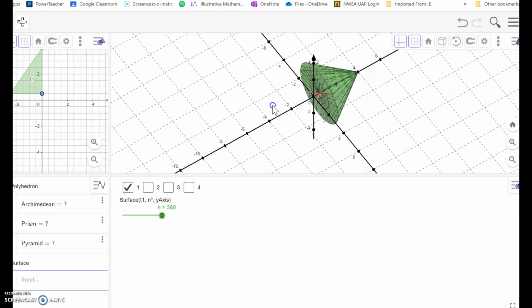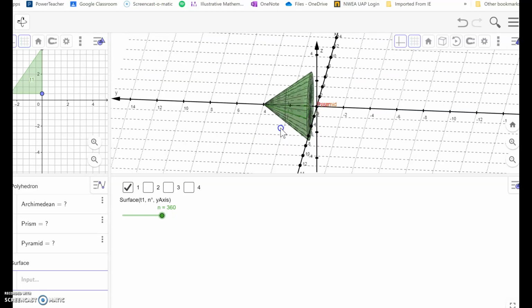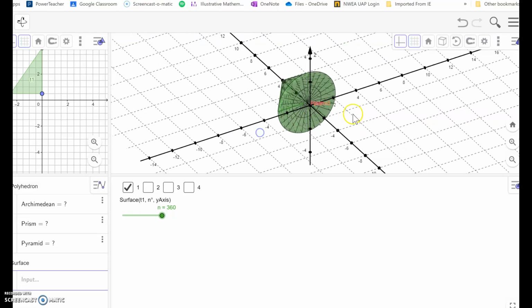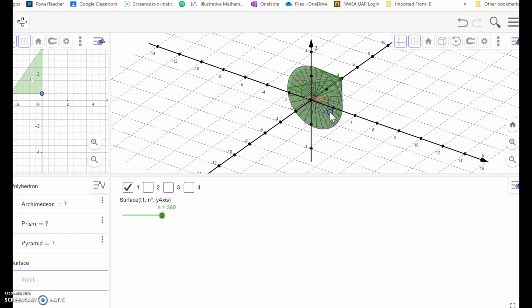Notice you can click and drag up here so you can look at this three-dimensional figure actually in 3 dimensions. I believed that this thing was going to become a cone, and it is. And notice that the y-axis is in the center of the cone.